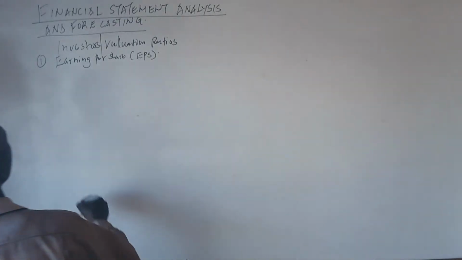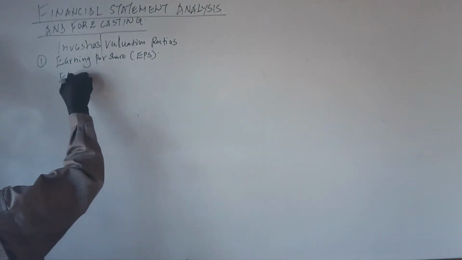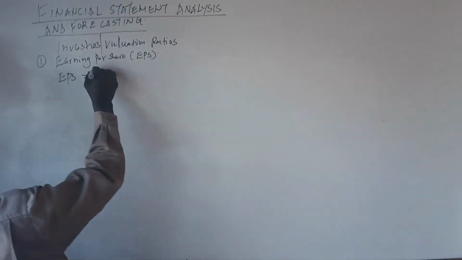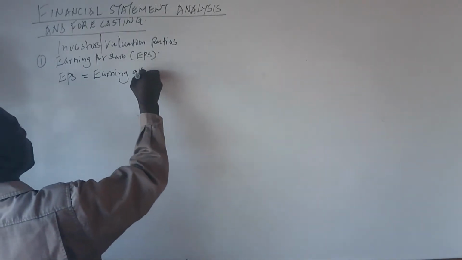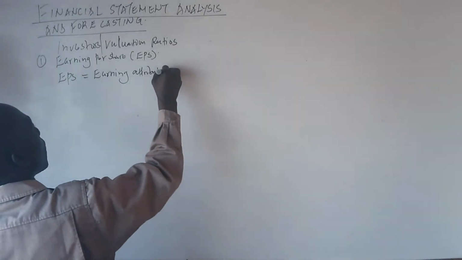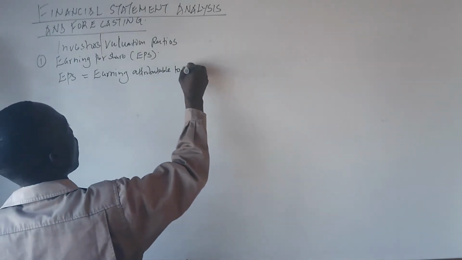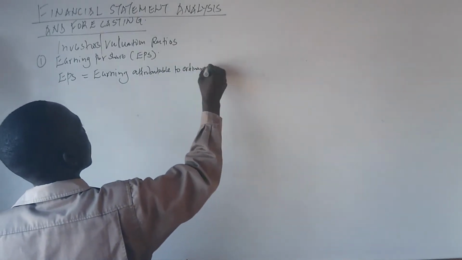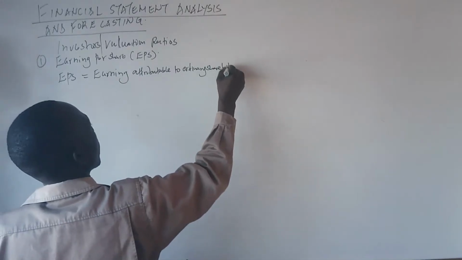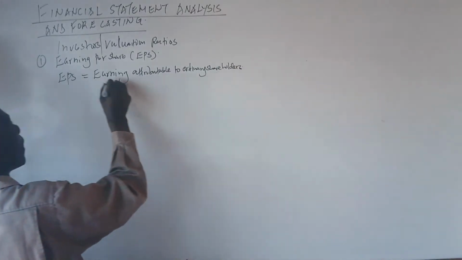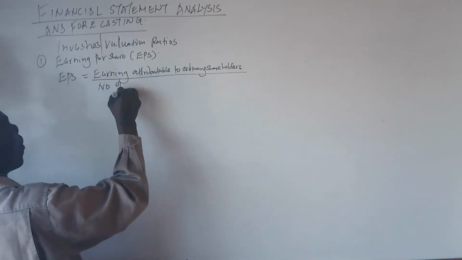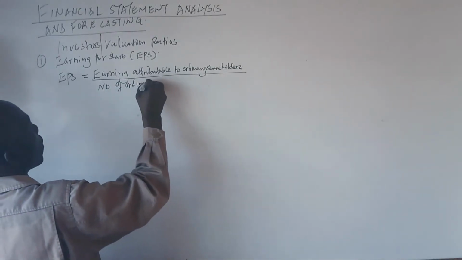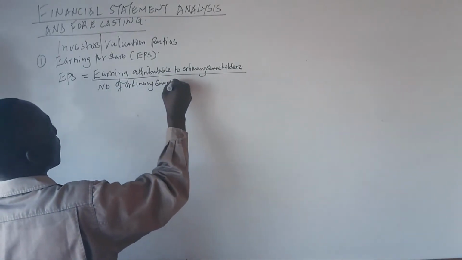So how do we get the EPS, or earnings per share? Earnings per share is given by the earnings attributable to ordinary shareholders, then you divide by the number of ordinary shares.